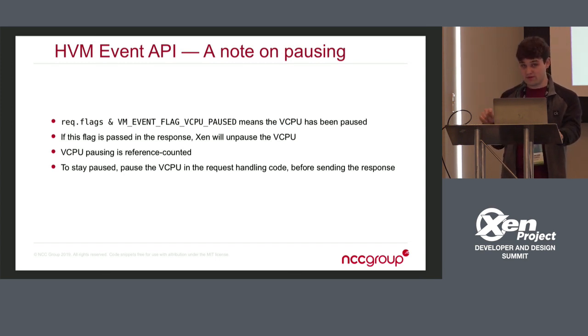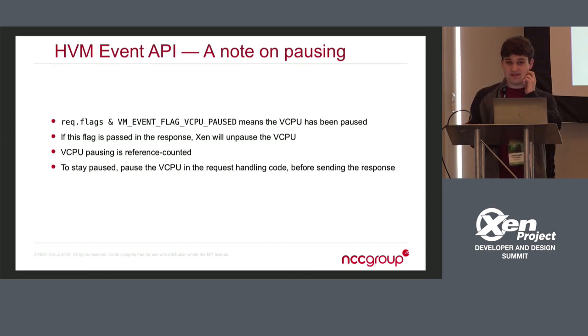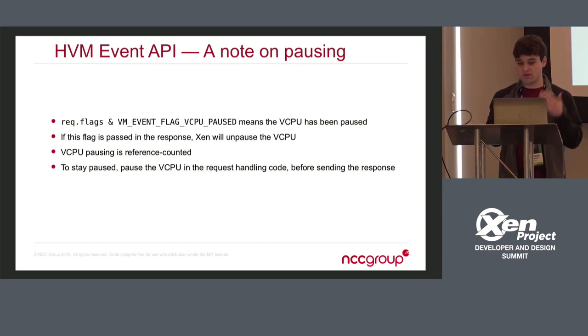So if you don't mirror the flag back whenever you get it, you risk getting that pause counter out of sync and then just getting the guest stuck forever. So I recommend, instead of not sending it back when you want to pause, always send the flag back when you get it, and just issue an additional pause request before you send the response, so that you tick the counter up by 1 more, so it's a predictable amount you know to tick back down later.